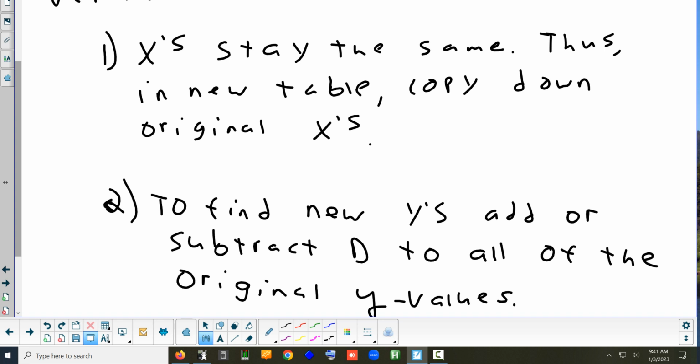Some people on the test do the opposite. I don't know any other way to tell you. Just don't do the opposite. Just do exactly what it says. And you can put that on a reference sheet so you don't forget. So put it on there.